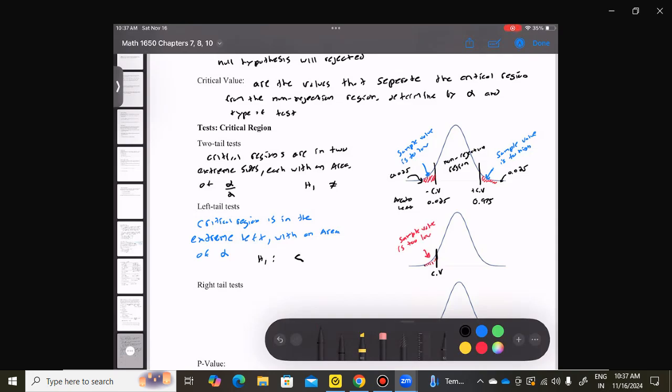And so we can support that our actual value is less than the claim value. So this area here would be 0.05 if we are using a 5% alpha, which means that the critical value is found at the 0.05 level.